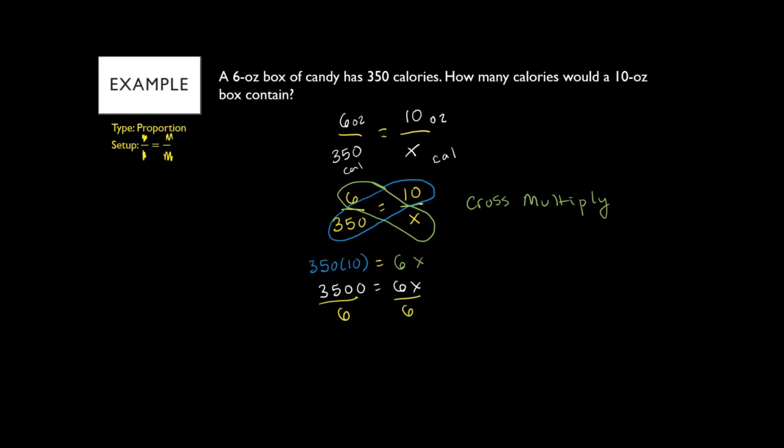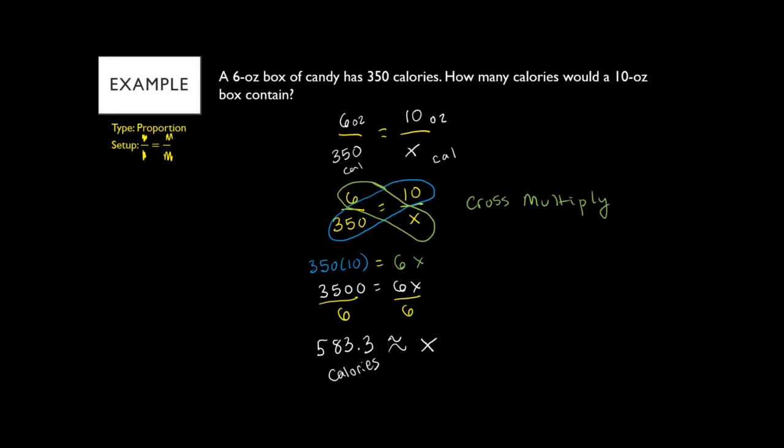For real world problems, we usually use decimals because we don't really use fractions in the real world as much as we do decimals. When I divided this, I got 583.33 repeating. If we use one decimal place, we can do approximately 583.3, and this is the approximately equal sign, meaning that you rounded, equals X. And our units here are calories.